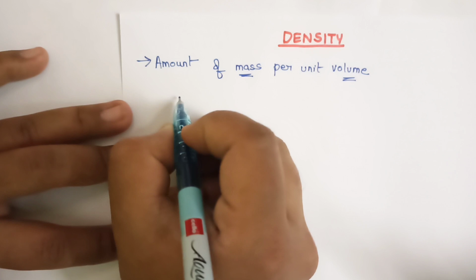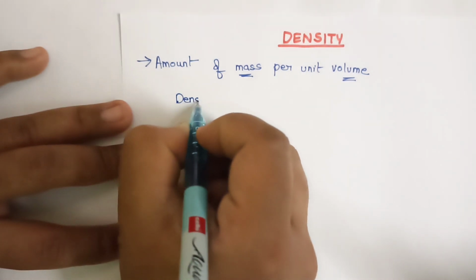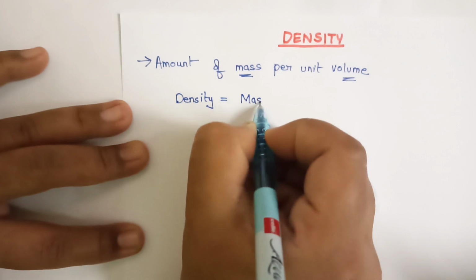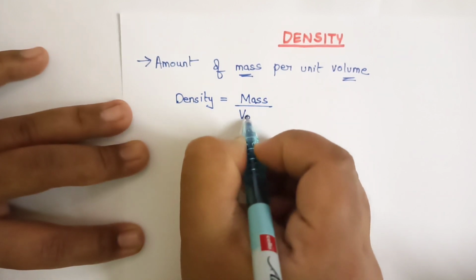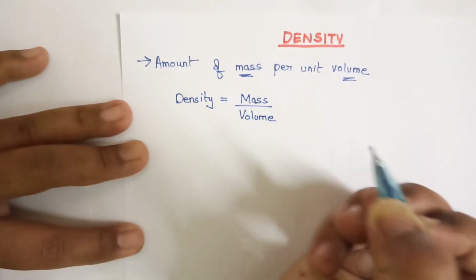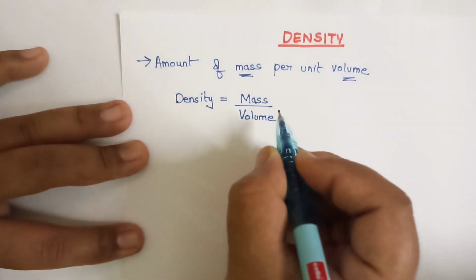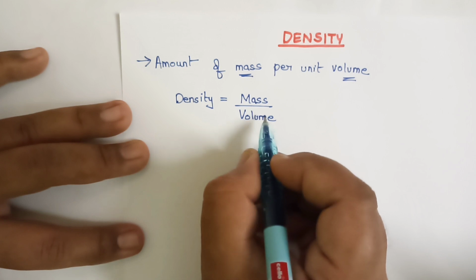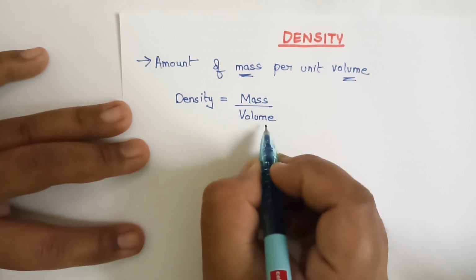So you can write the formula as density is equal to mass by volume.